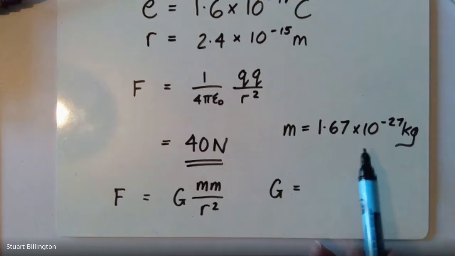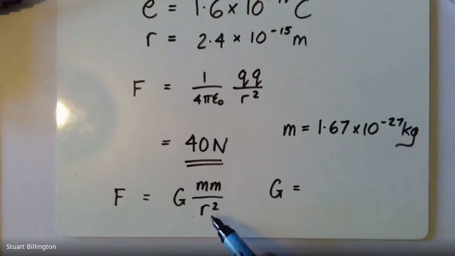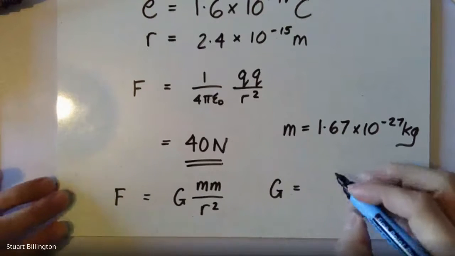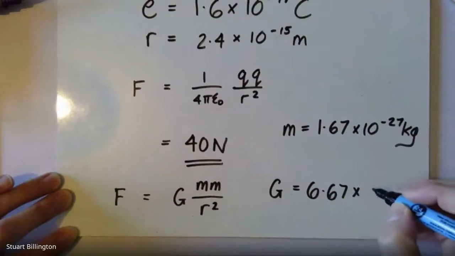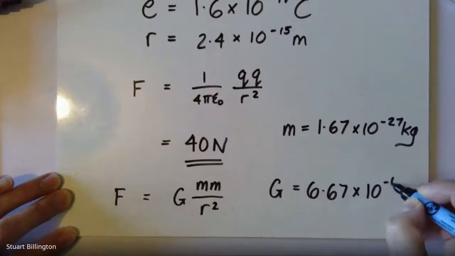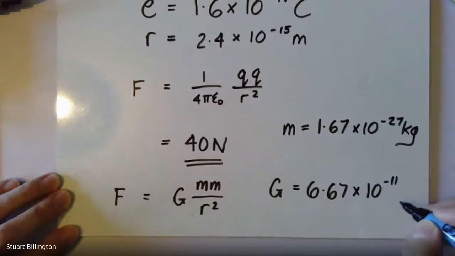And so you're going to use the mass of the proton, same separation as before. Your gravitational constant, if you remember, is 6.67 times 10 to the minus 11.